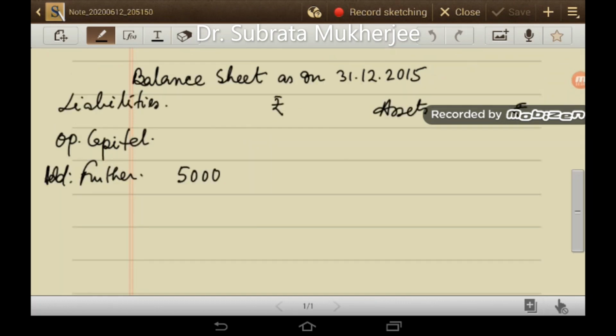The next item is drawings. The journal entry of drawings is drawings account debit to cash. It will appear in the closing balance sheet as on 31st December 2015. Opening capital we will find out, then add further capital, less drawings. Your drawing amount is 3,000.